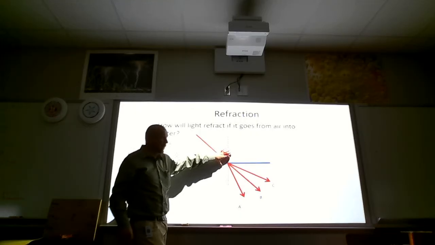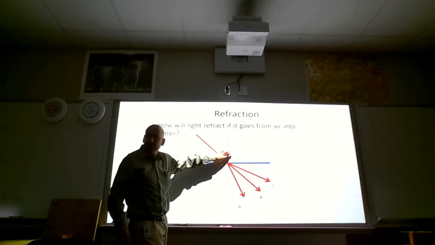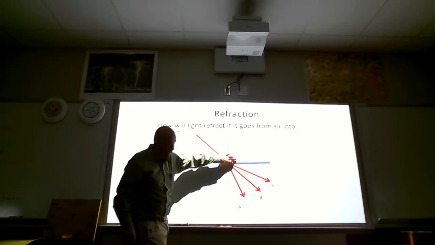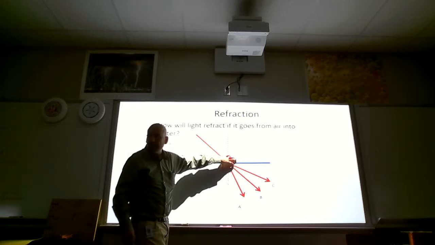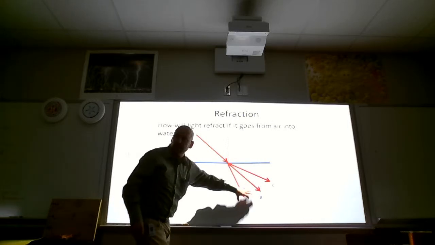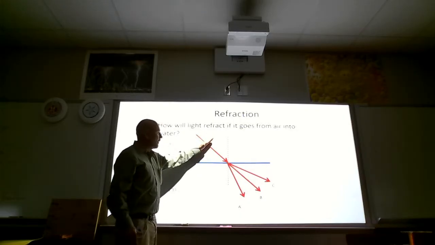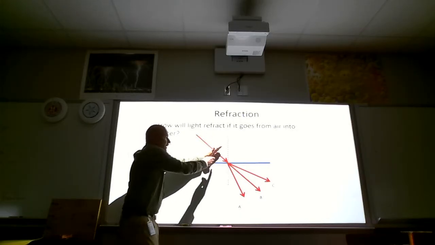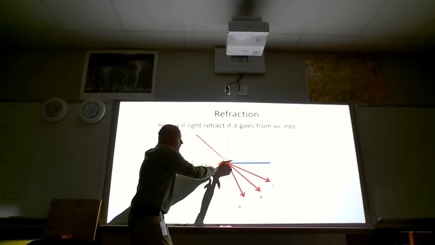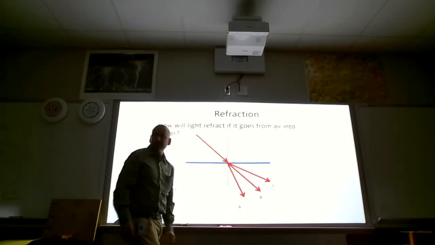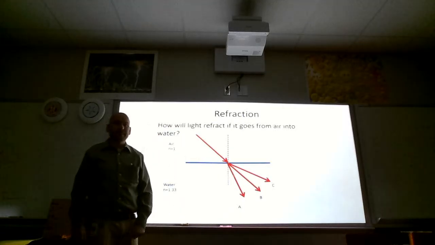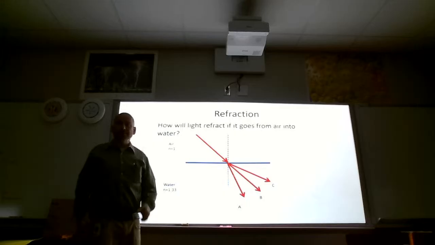It slows down. And the consequence of this one wheel slowing down first is that it's going to pivot until both wheels are in the grass, and now we're going together. The reality is there's a wave front, and this part transitions first. Good with that?